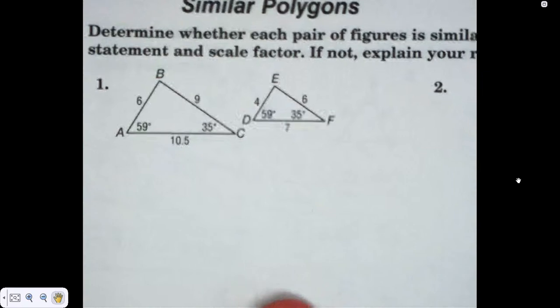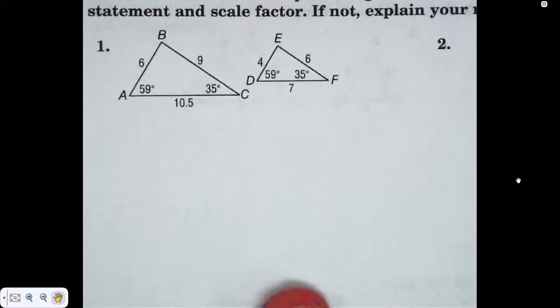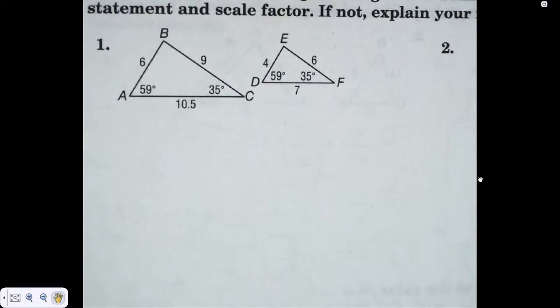Let's look at number 1. First of all, they want us to say if these two are similar. Then they want the scale factor, and you write a congruency statement.